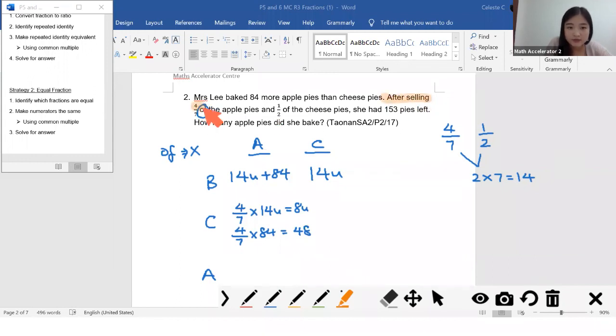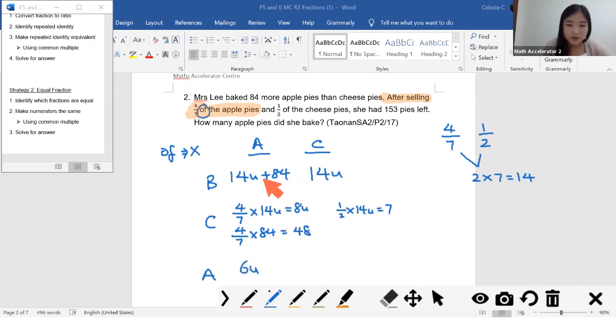After selling 4/7 of the apple pies. How about the cheese pies? Half of them were sold. So half of the 14 units. 7, correct. Okay, so after, let's find out how much is left. Okay, apple pies, 8 units were sold. So 14 minus your 8 units, how many are you left with? 6 units.